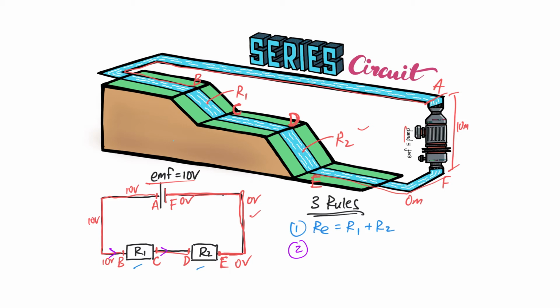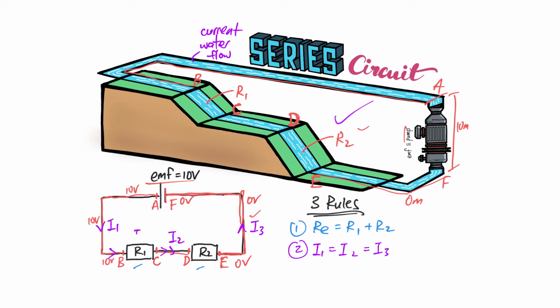So if you look at the river system over here, the water flow is equivalent to your current, and there's only one path in which the water will flow, and the water flow is constant throughout the whole system. So if I were to label this as I1, here is I2, and over here is I3, their relationship will be I1 equals I2 equals I3.